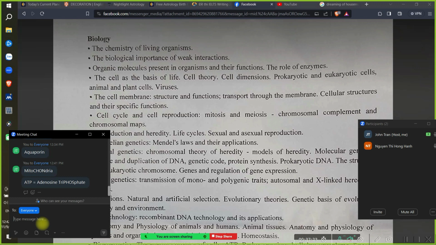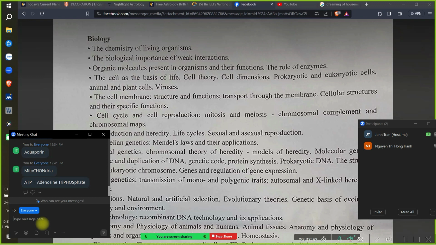Also, we have the lysosome. Its purpose is breaking down food. It contains digestive enzymes, and in white blood cells, it can also destroy pathogens.